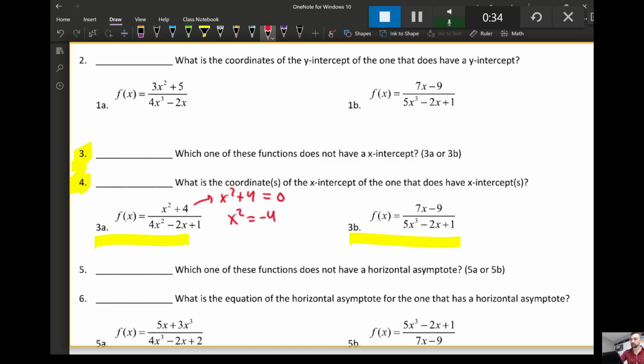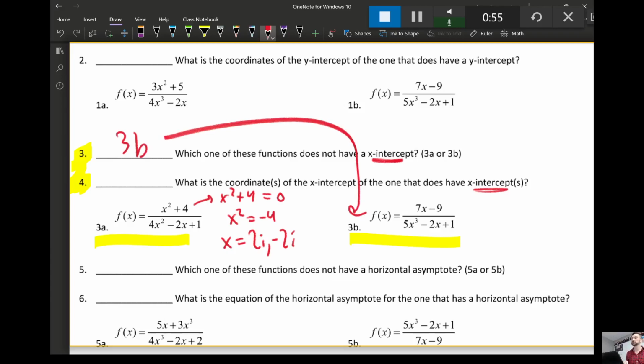This numerator equals 0 at 2i and negative 2i. 2i and negative 2i aren't going to show up on your graph, so they're certainly not going to show up as an x-intercept. So if this one's numerator can't equal 0 for a real number, then it cannot have an x-intercept. So 3b is the one that does have an x-intercept.